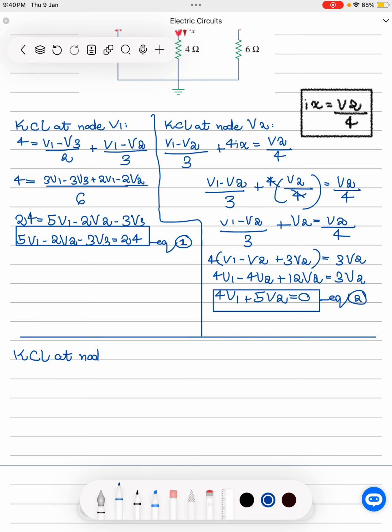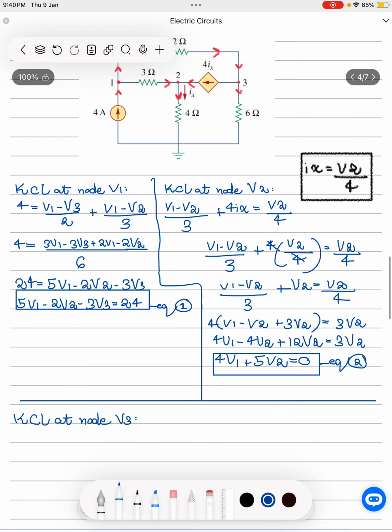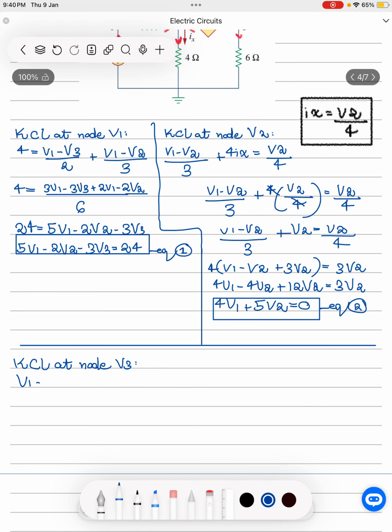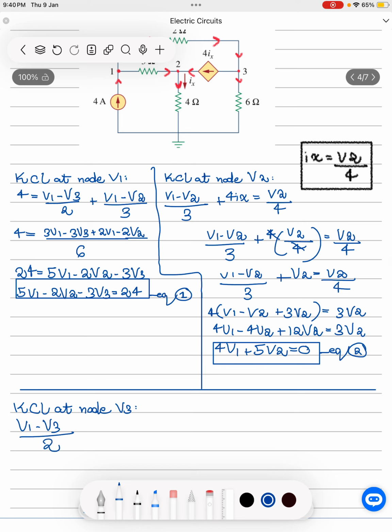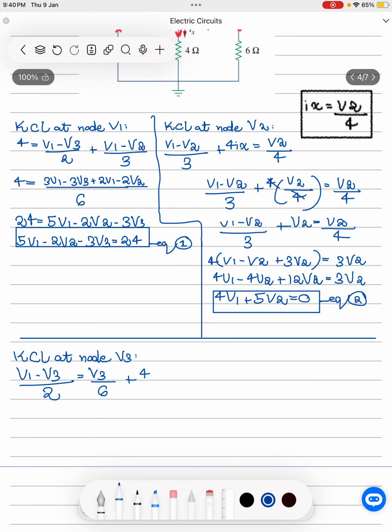KCL at node V3. The current entering is (V1 minus V3) by 2. The current leaving is V3 by 6 and 4Ix. I'm just directly going to substitute Ix in terms of V.